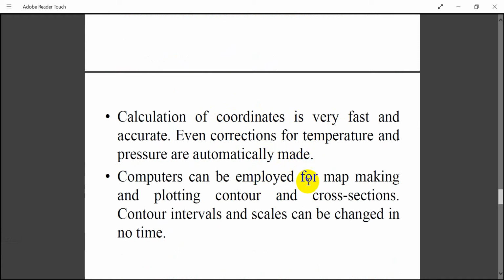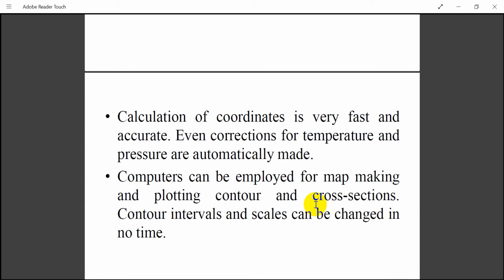Computers can be employed for map making and plotting contours and cross sections. You already know what a contour is and how to draw a contour map. If you take many readings, from these readings you can draw contour levels.